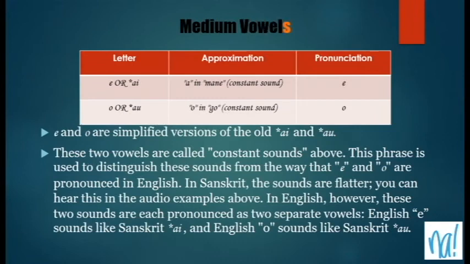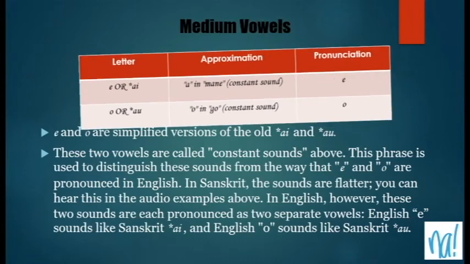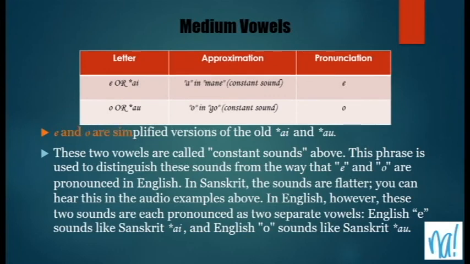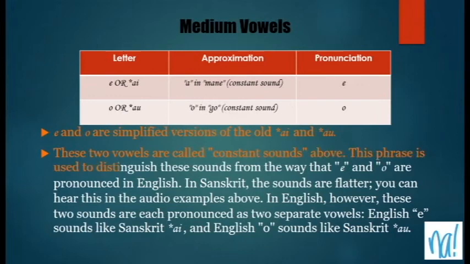Medium vowels. The medium vowels are simplified versions of the old forms. These two vowels are called constant sounds above. This phrase is used to distinguish these sounds from the way that they are pronounced in English.